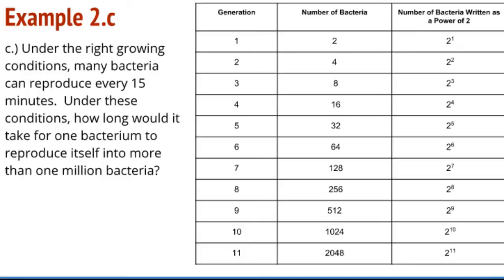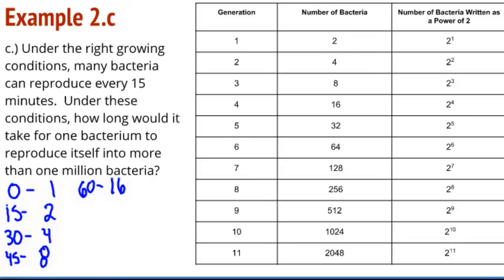So if you stop and think about this, we'll call it 0 minutes, you've got one bacterium. 15 goes by and you've got 2. 30 goes by and you've got 4. And 45 goes by and you've got 8. 60 goes by and you've got 16.